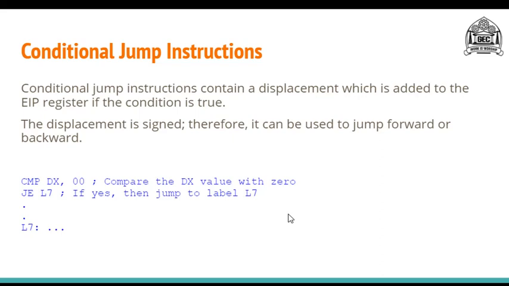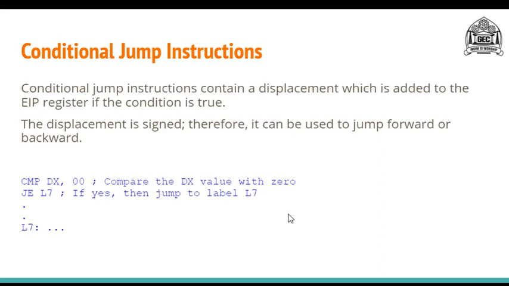Now students, a conditional jump contains a displacement factor, and that displacement factor is added to perform the jump. The displacement is of two variants: it can be signed or unsigned. If the displacement is positive, then your jump will go ahead in your program logic.